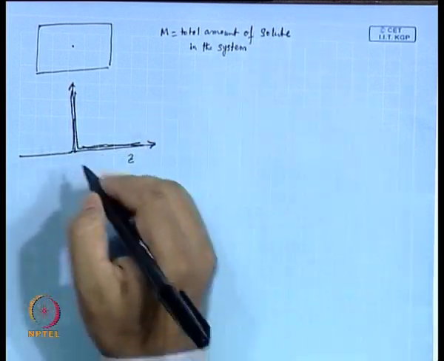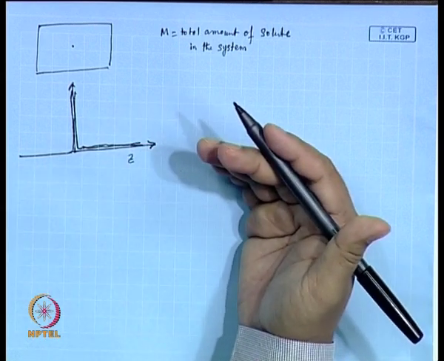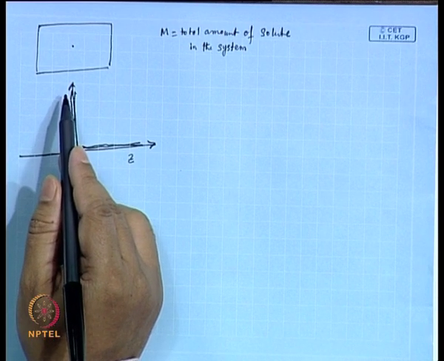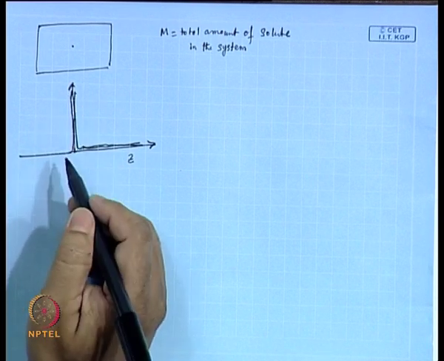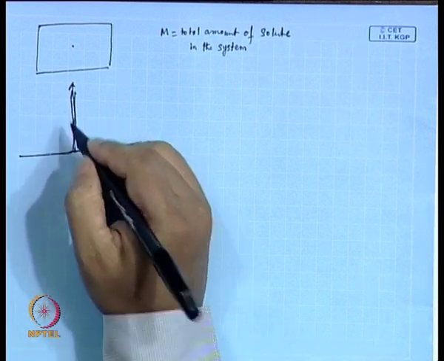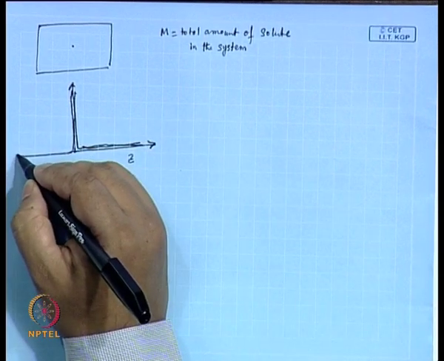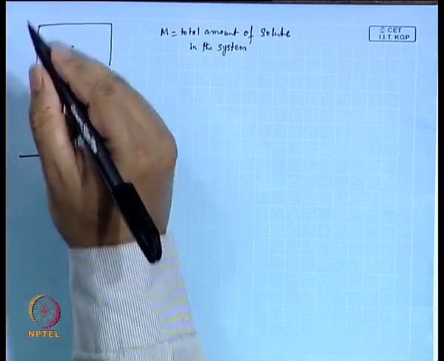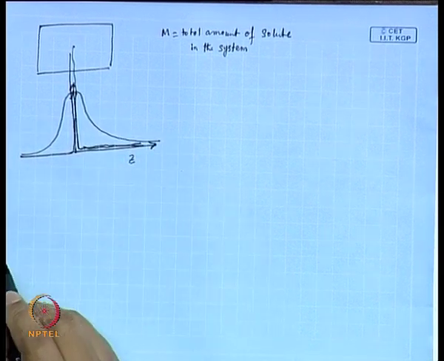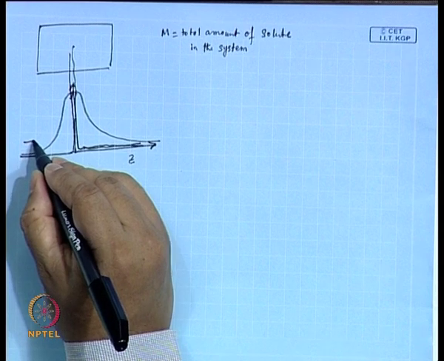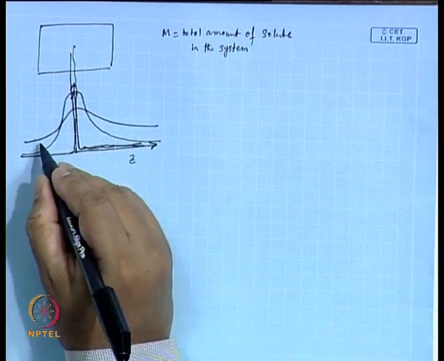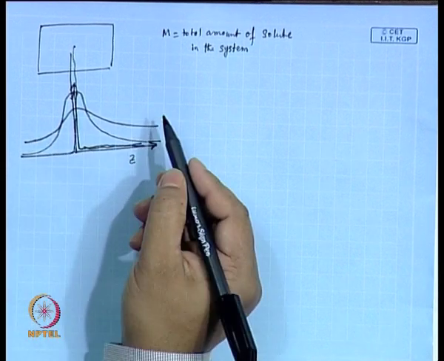By that what I mean is, at t equal to 0, it is 0 everywhere except at z equal to 0, where it has some value, and the area under this curve has to remain the same, because as time progresses, this profile spreads out, at a further time instant it would be like this, and gradually it would all be flattened.